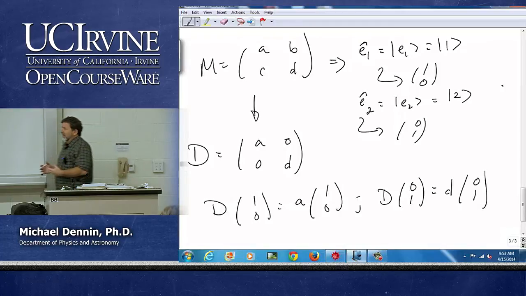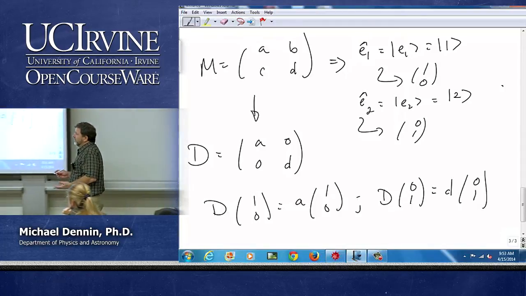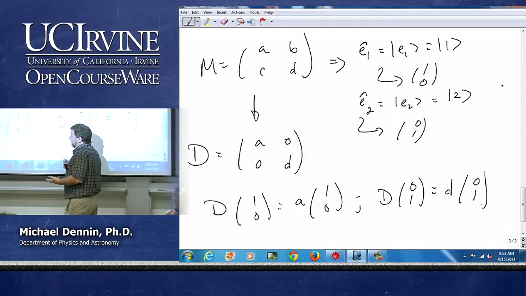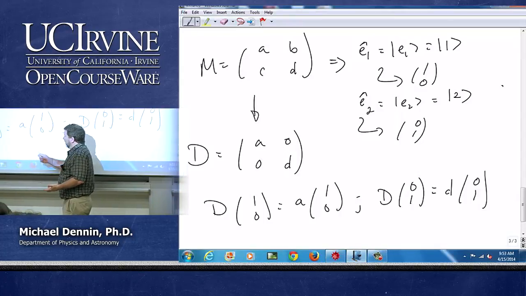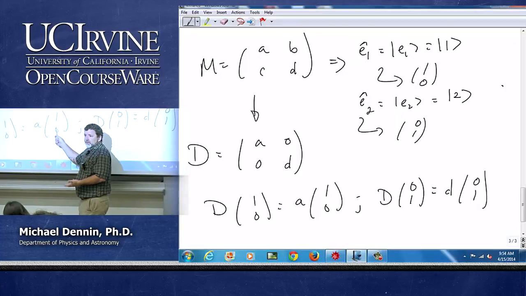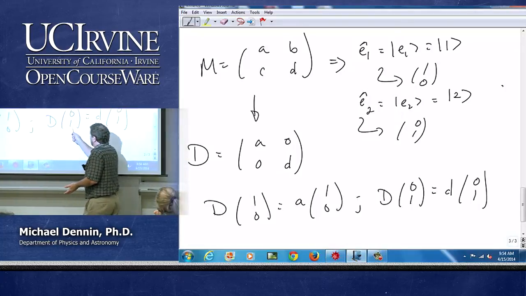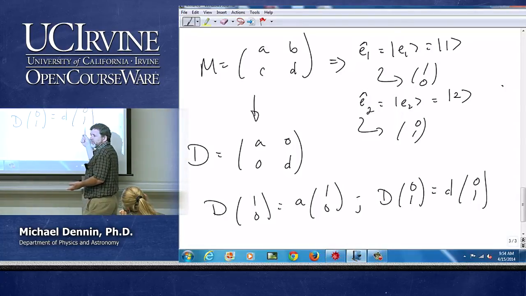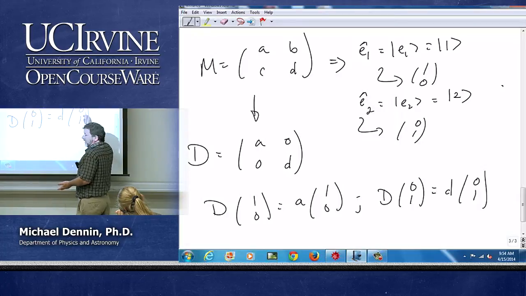The first thing we notice is this diagonal matrix doesn't mix components. When I act on this basis vector, I get some factor times the basis vector back. When I act on this basis vector, I get some factor times the basis vector back. I don't get anything along the other direction.